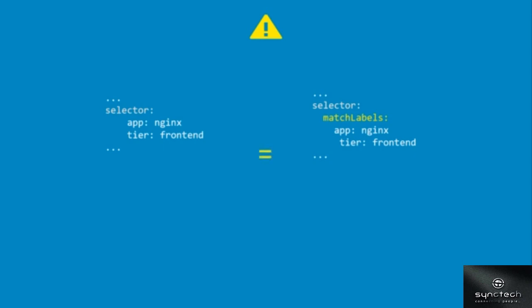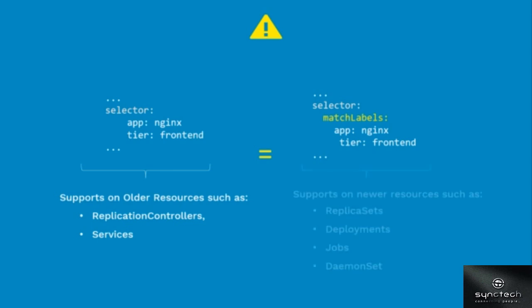Not sure where to use which one. Finally, after spending an hour or two on Google, I found an answer. We use selectors without matchLabels on older resources such as ReplicationController and Services. And we use selectors with matchLabels on newer resources such as ReplicaSets, Deployments, Jobs, and DaemonSets.